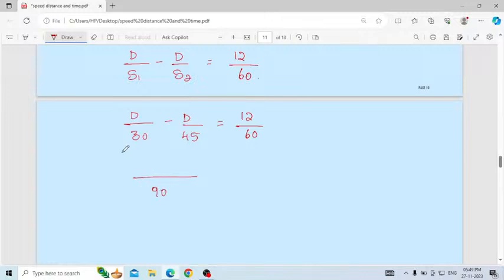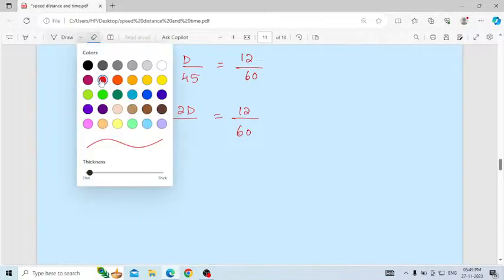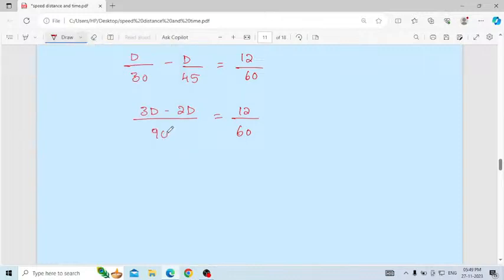Then 3D minus 2D will be 12 divided by 60. Then you can cancel it here. One more step I will write. Then D divided by 90 will be 12 divided by 60.